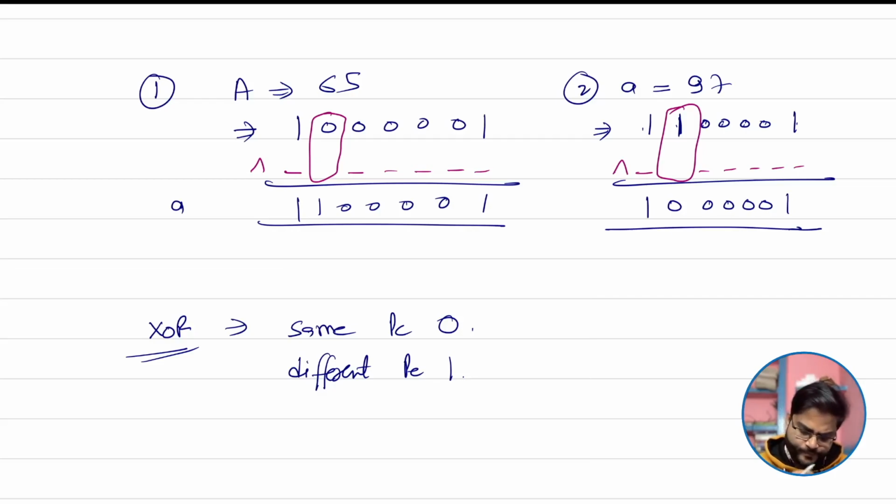The values change from capital A to capital Z, small a to small z. What should be my mask?